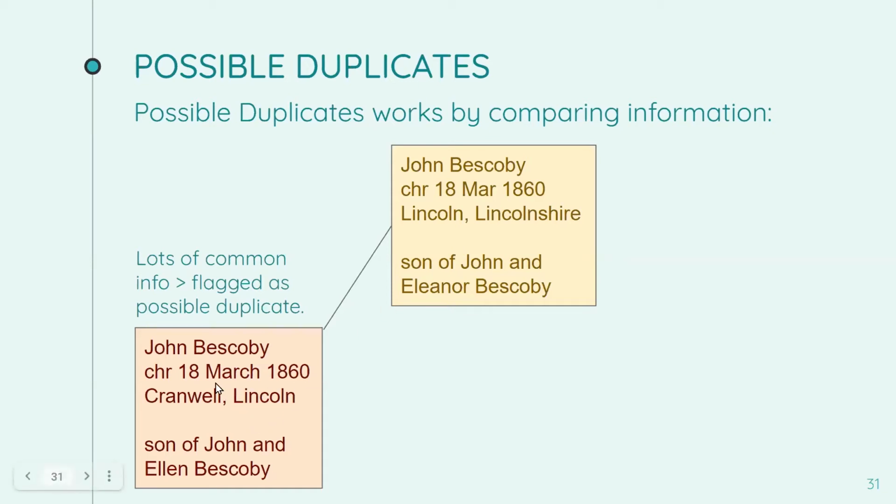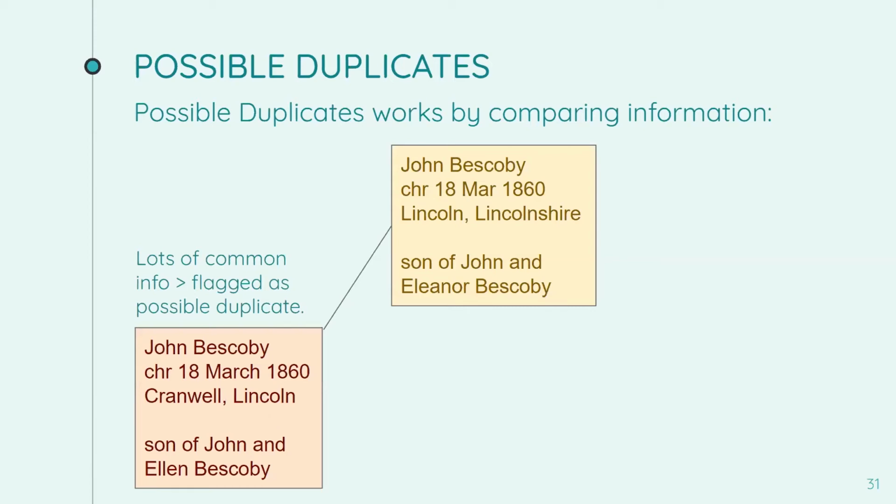I've had this happen to me a number of times where by a fluke, two kids were christened on the same date and they had very similar parents, but they were actually born and lived in completely different places. So we've got to be careful there and say, okay, just because FamilySearch flagged it as a duplicate doesn't guarantee it is, and I really need to do a little bit of checking.